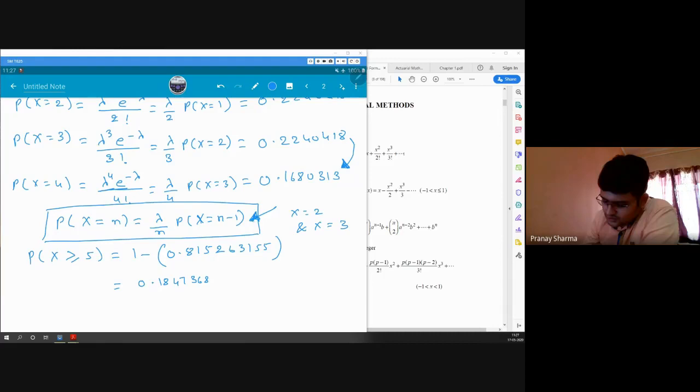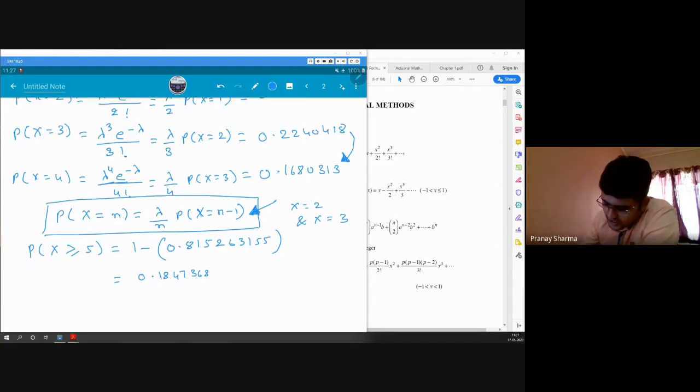So how do we find mode using this? We will say as soon as my lambda by n becomes less than 1, my next probability, that is x is equals to n probability, will be less than my previous probability. As soon as my lambda by n becomes less than 1, multiplication will give me a lower value of probability. So this is the point that we are trying to find.